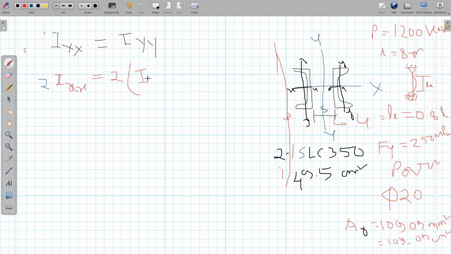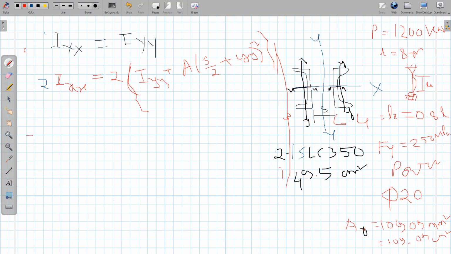I local YY plus the area of the channel section multiplied by S by 2 plus CY, the CG of the channel section in the YY direction, this square. Now you put the corresponding values.